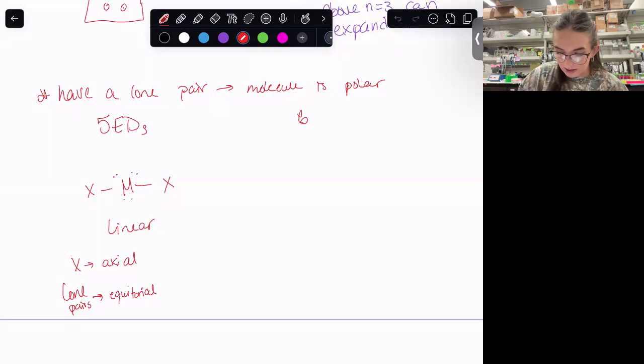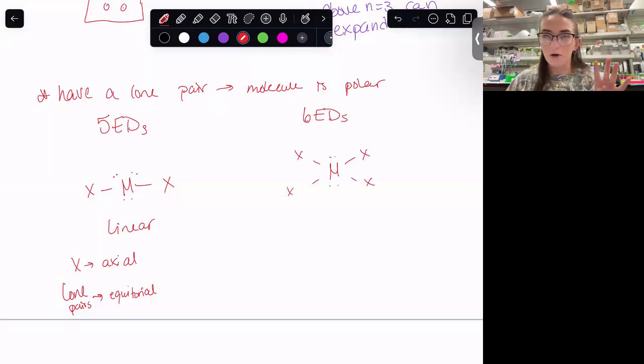The other one is 6 electron domains. If you have this one, you'll have 2 lone pairs and 4 bonding atoms. This one is square planar.